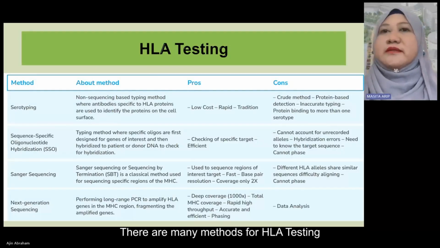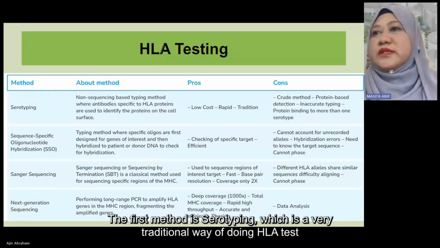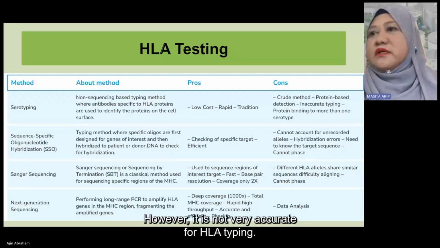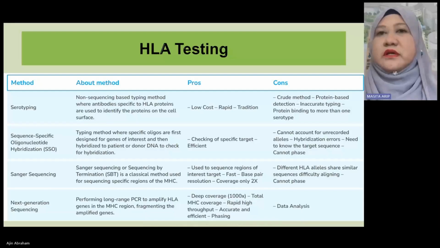There are many methods for HLA tests. The first method, serotyping, is a very traditional way of doing HLA tests using protein-based detection. However, it is not really accurate for HLA typing.